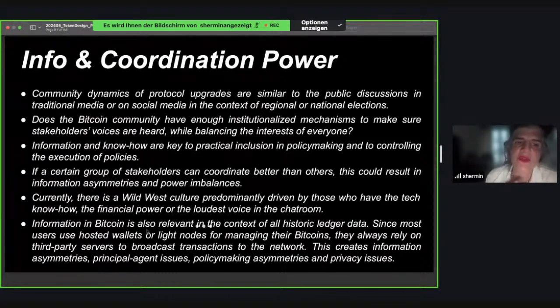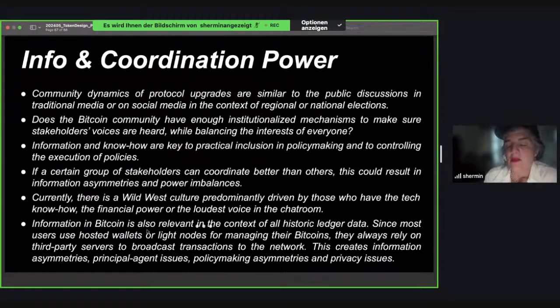And so if a certain group of stakeholders in the Bitcoin network can coordinate better than others, they can pursue certain policy changes in their best interest because they have the information power and the coordination power that other people or interest groups might not have.